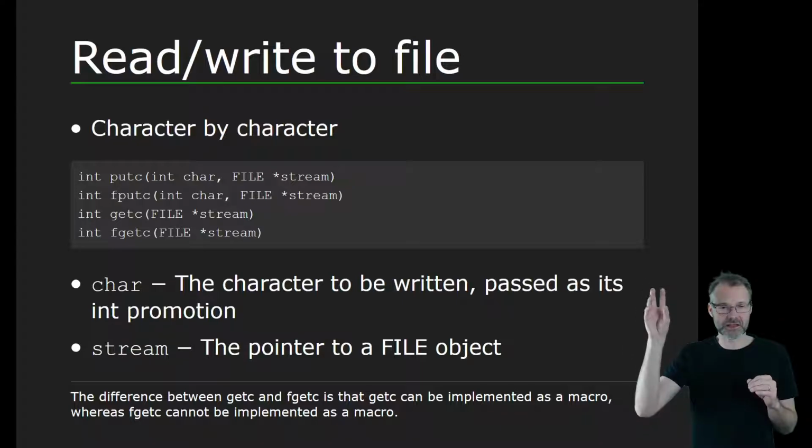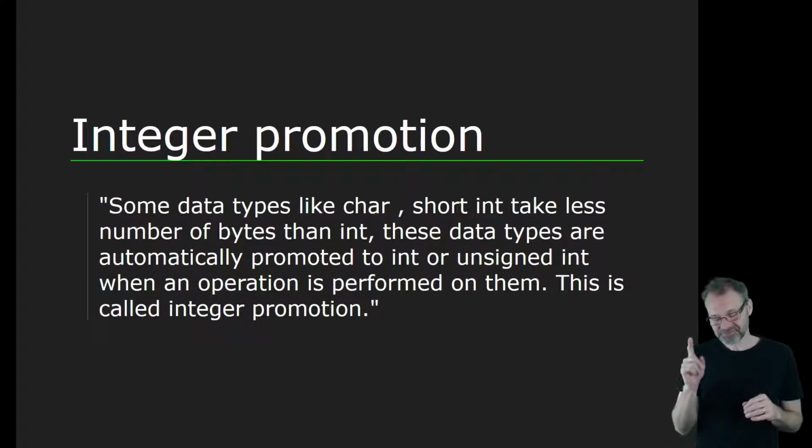So let's see. Character is the character to be written and is passed as int promotion. Then we have the pointer to the file object. Just a quick note on this integer promotion. This is built into the C language. Some data types are shorter than an int, they take up less space than an int.